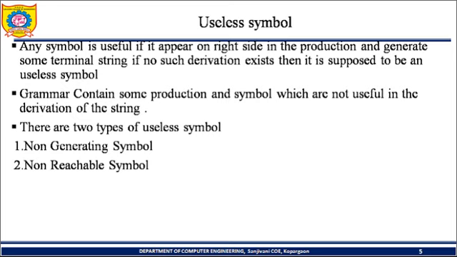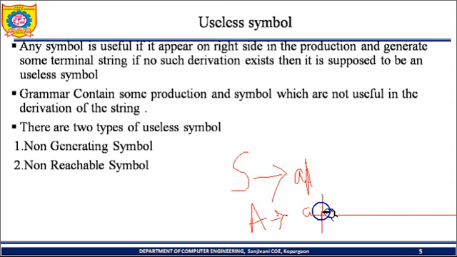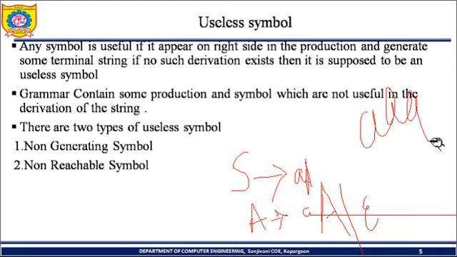Suppose S tends to A, and A tends to small a, and after that epsilon is there. Here you can see that with the help of these productions we can generate any number of a's. These all symbols are useful ones.